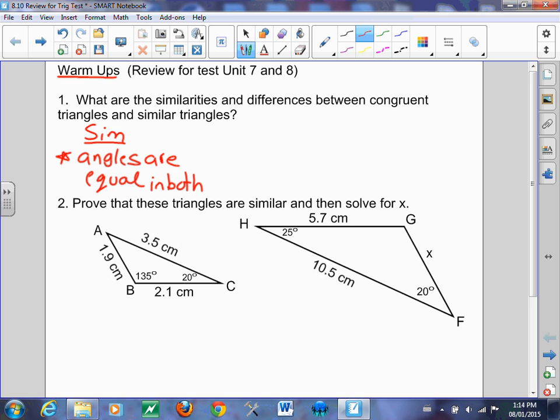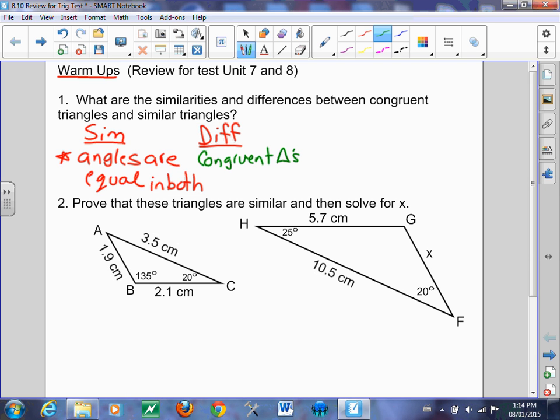Okay. Now, what's different, ladies and gentlemen? I'll use DIF for different. How do we differ, the difference between congruent and similar? Well, what do we know? Congruent triangles. Here's my short form.